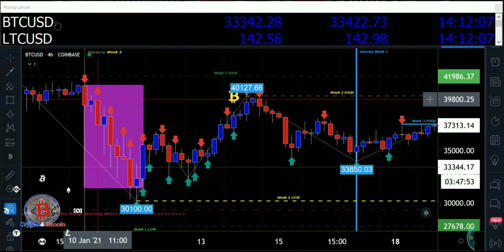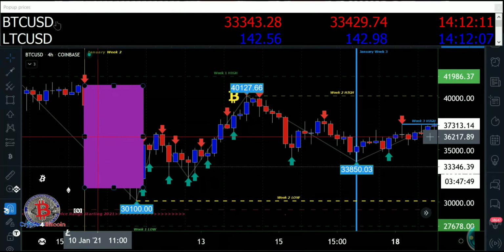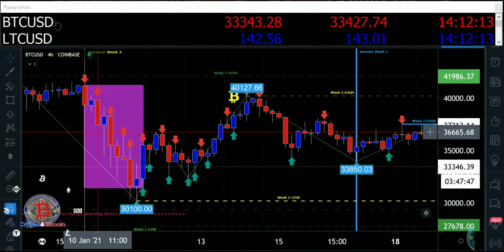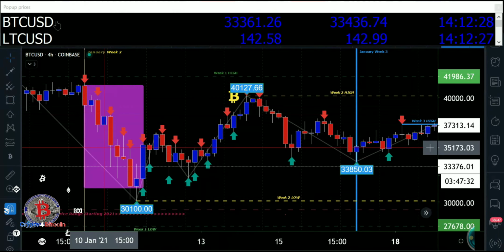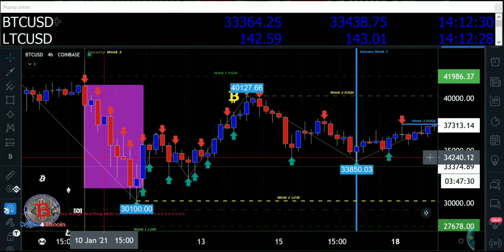So then that very next candle, 39 all the way to 36, within the 4-hour time frame. Another 3,000. Then you go to the next candle after that, and you have a high of 39 something, and 34. $5,000 move.